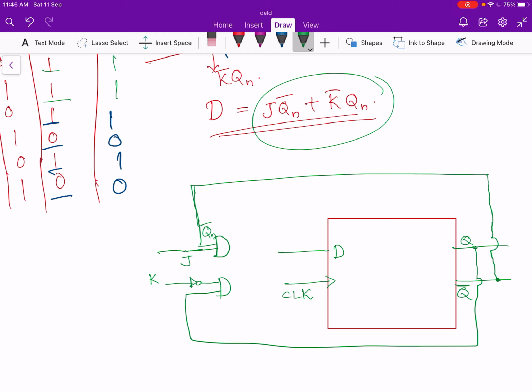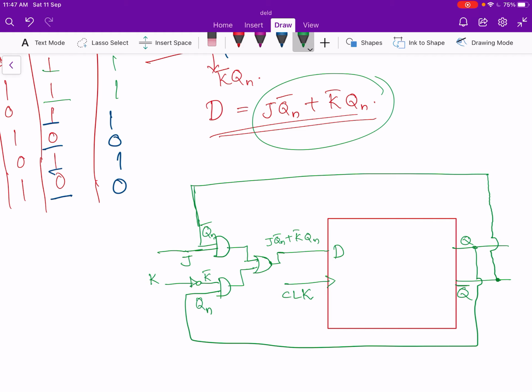So generally we have written it as Q. So this is K bar Qn and this is J Qn bar. So we have to OR it. So we can give these outputs to an OR gate. So the output of the OR gate will be equal to J Qn bar or K bar Qn. That is given as input to D.